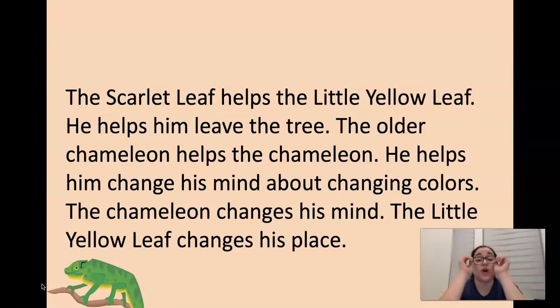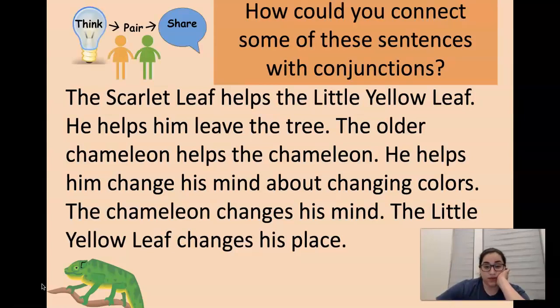Okay, so be ready to also discuss this in our live meeting, okay? We are going to discuss the sentences and how we can join them with our conjunctions. So that is it for my recorded video. I know it was like here and there and everywhere. Please be patient with my video.